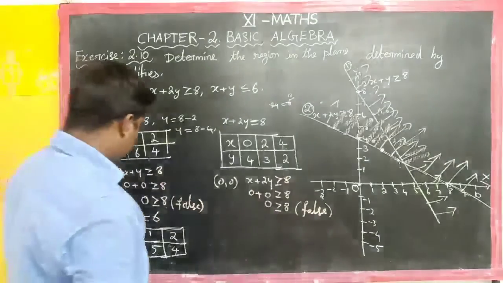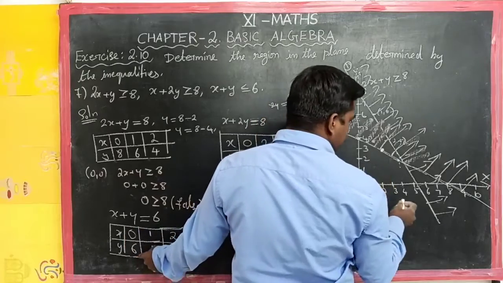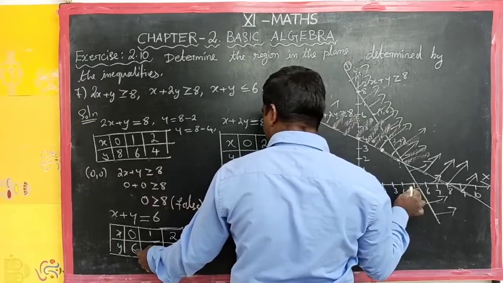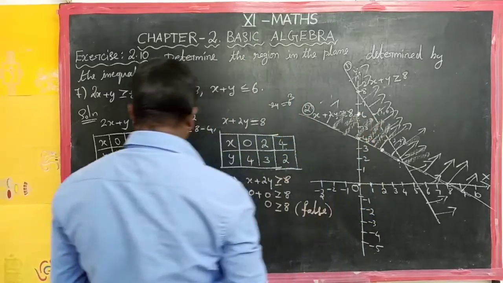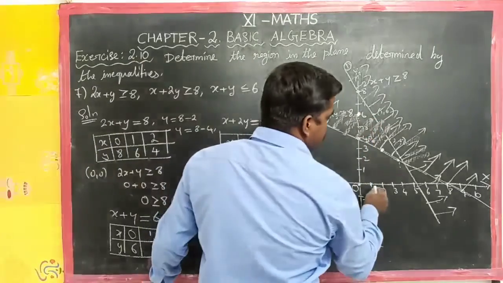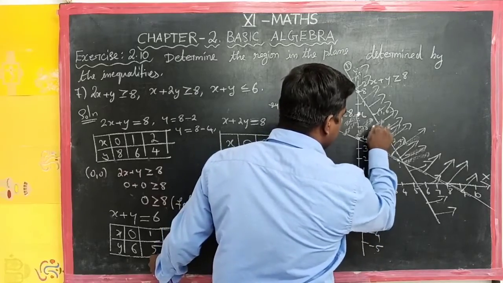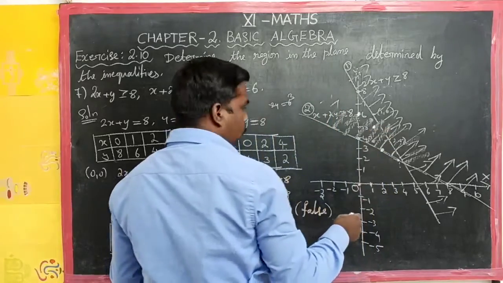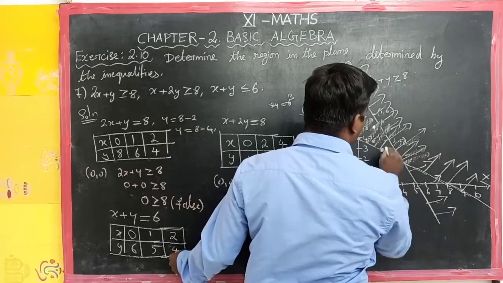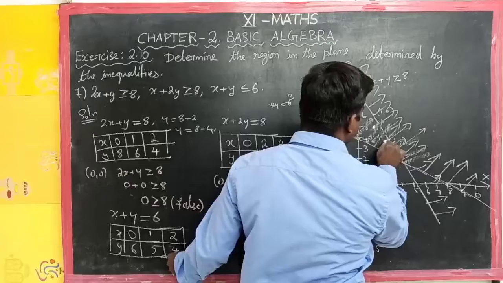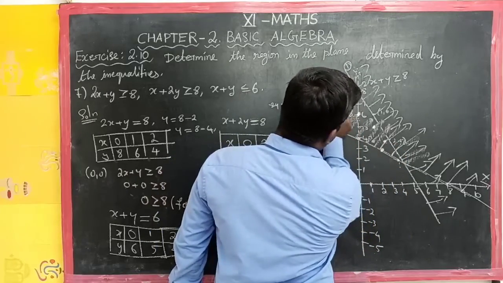Then we can draw the straight line according to the points. First one (0, 6): on the x axis 0, y axis 6. So this point, (0, 6), is the first point, and (1, 5): x axis 1, y axis 5, so it must be here. Third one (2, 4): x axis 2, corresponding y value is 4, so it may be here. Next we can join the points.